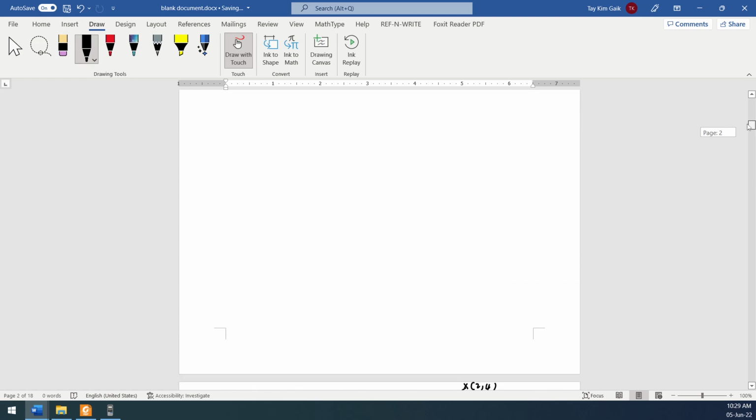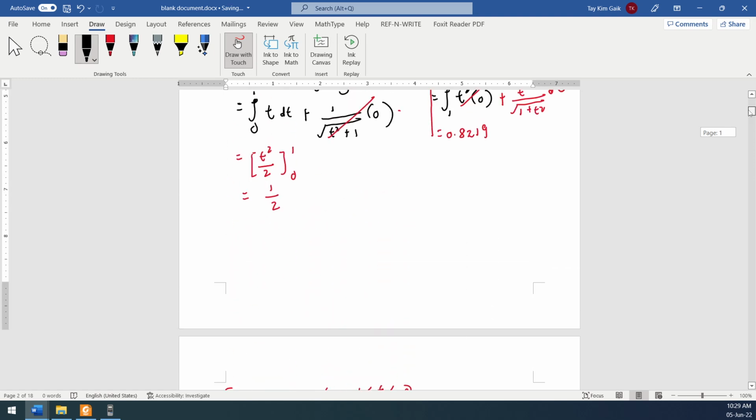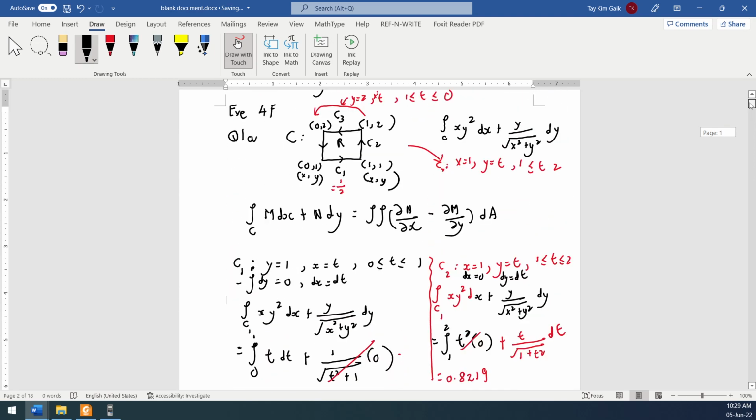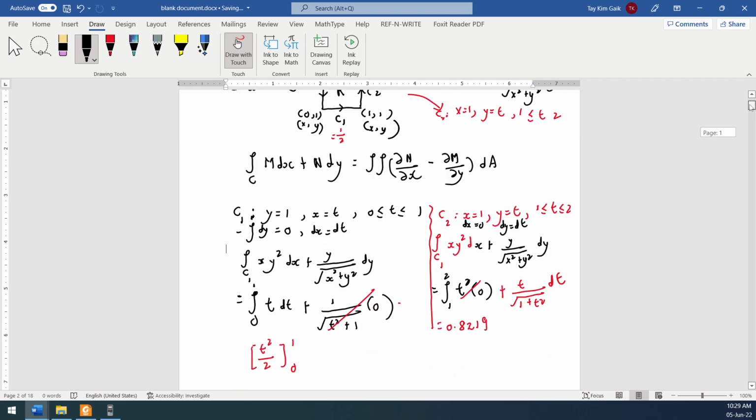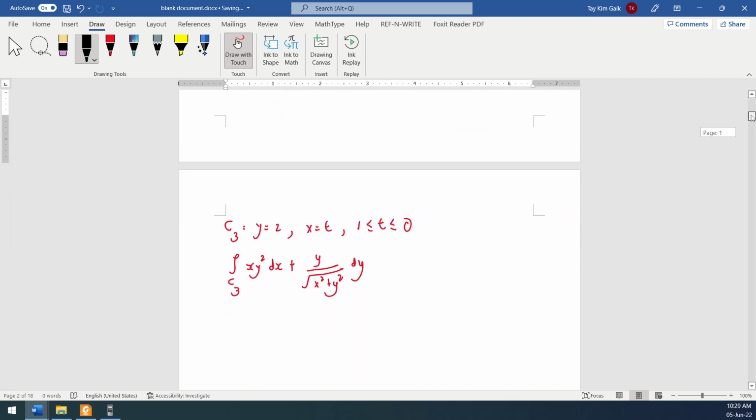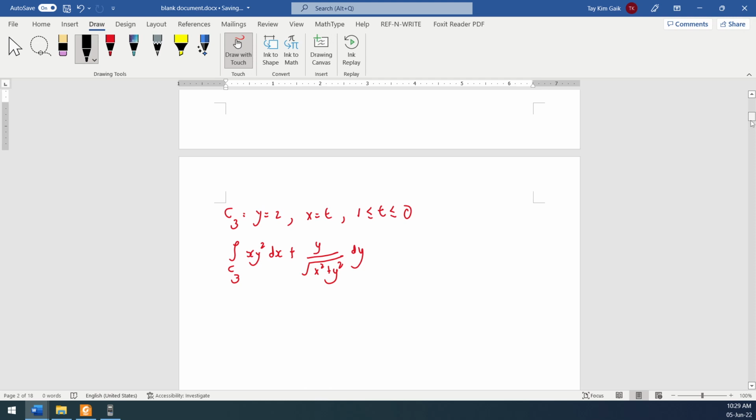So for curve C3, y is 2, x is t, x moves from 1 to 0, so t moves from 1 to 0.